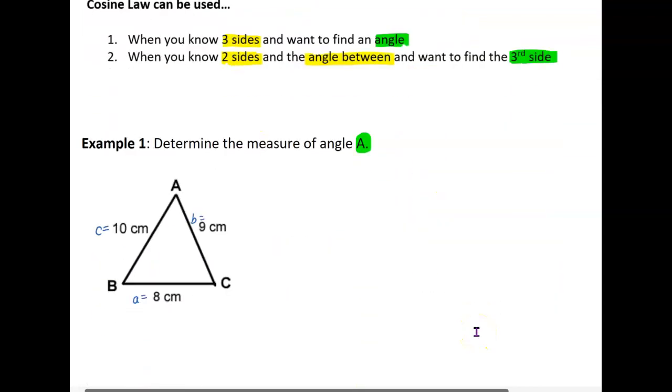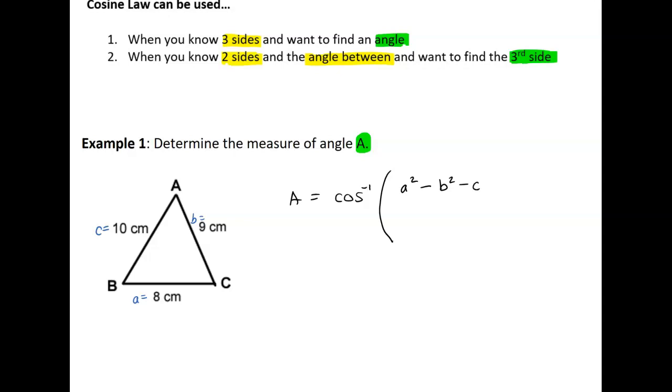So let's write that out for this one. The formula for angle A would look like this. A equals cos inverse, bracket, side A squared minus, and it doesn't matter if you do B squared minus C squared, or minus C squared and then minus B squared.